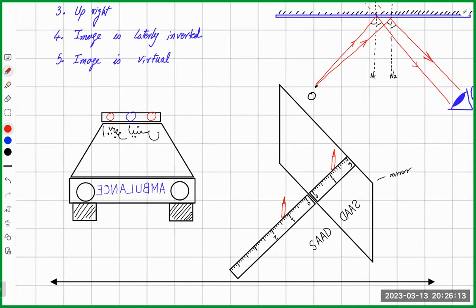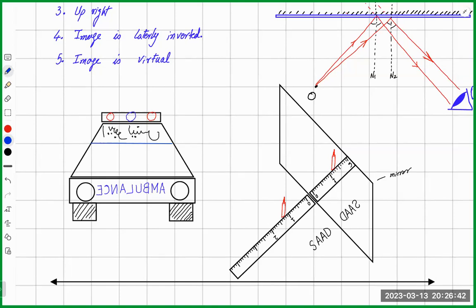And I hope you have seen this kind of thing. This is my drawing, so I did not make the effort that I could have made. This is an ambulance, and an ambulance has all the letters written inverted.